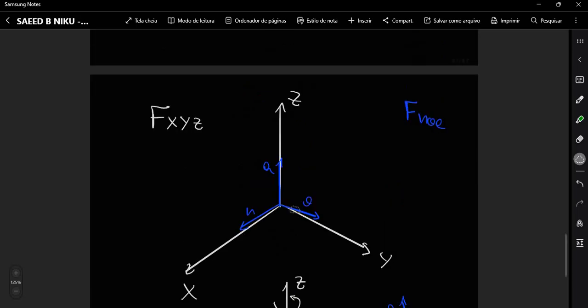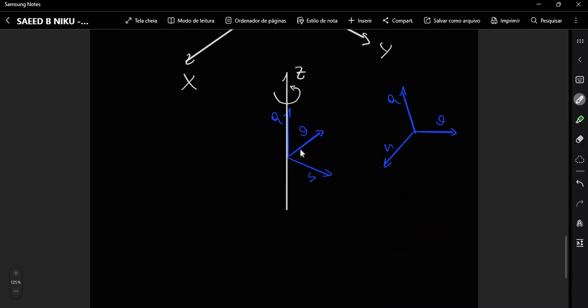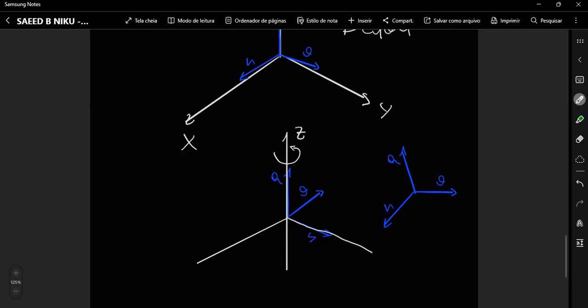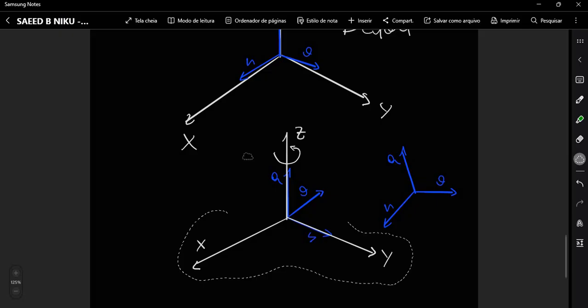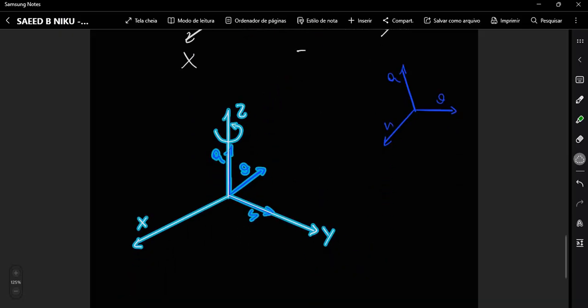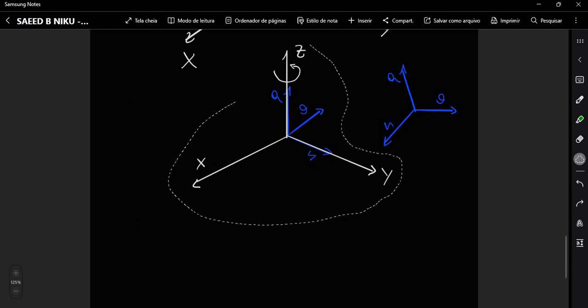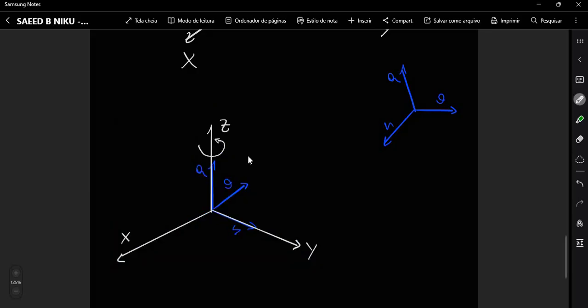So before the transformation, and after the first transformation.